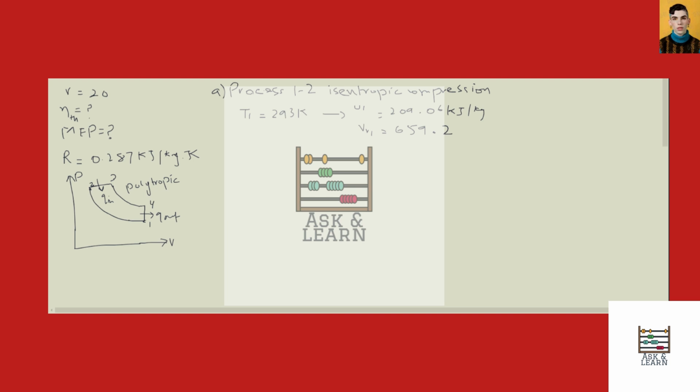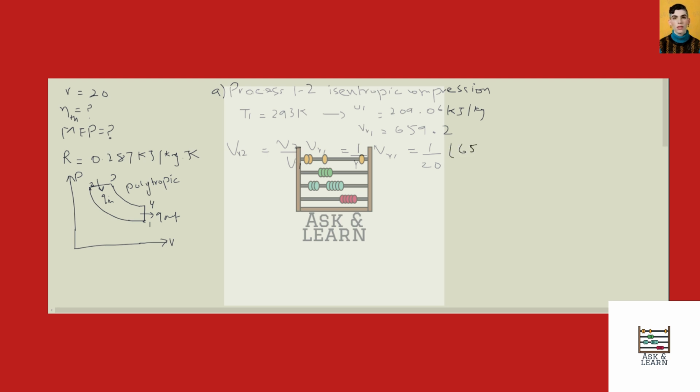Now we will calculate the value of VR2, that is equal to V2 over V1 times VR1, that is equal to 1 over r times VR1. Putting the values, compression ratio r is equal to 20, given.